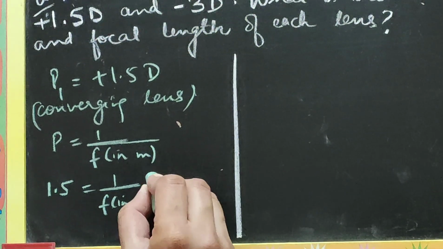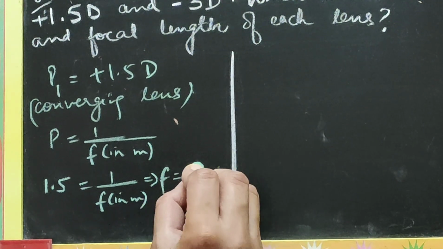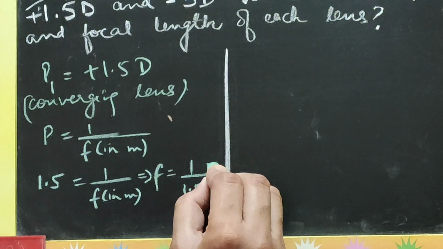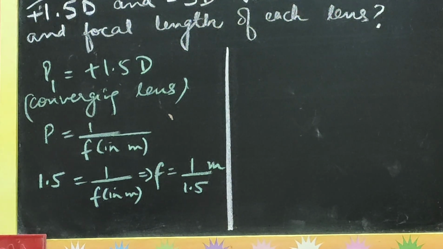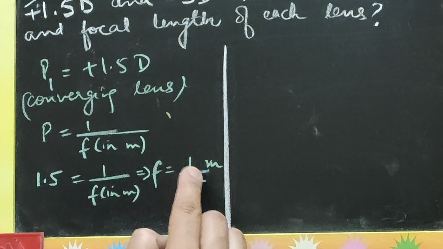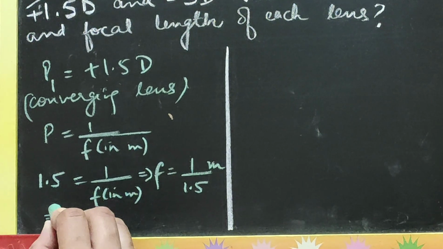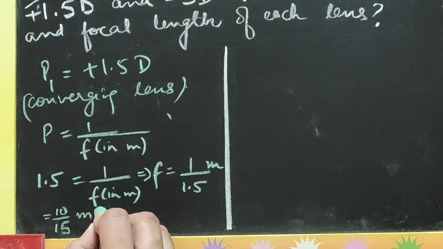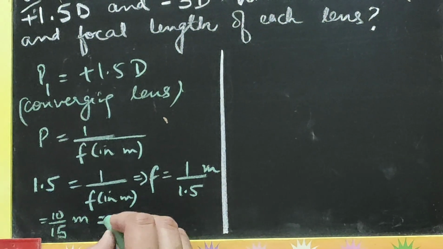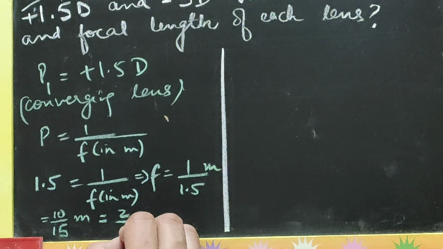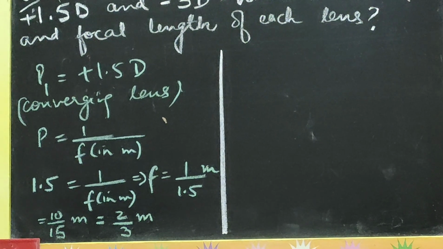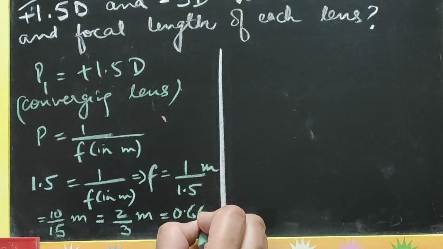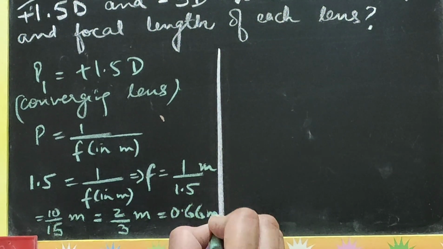So doing this, focal length would be 1 upon 1.5. Remember, this answer will be in meters. So simplifying it further, it would be 10 by 15 meters, or I can rewrite it as 2 by 3 meters, which can be written as 0.66 meters.